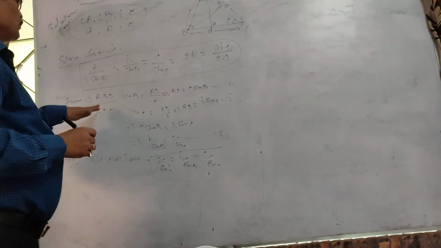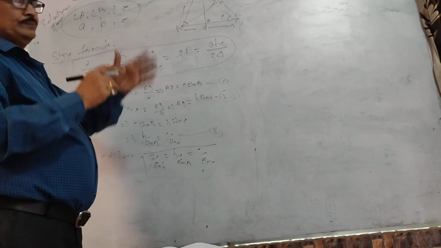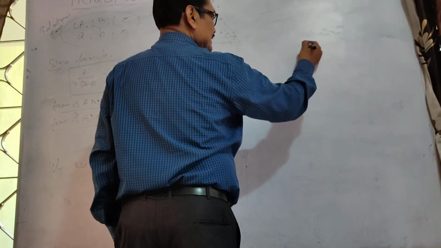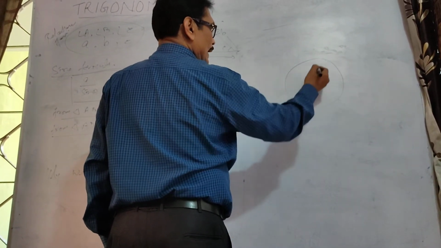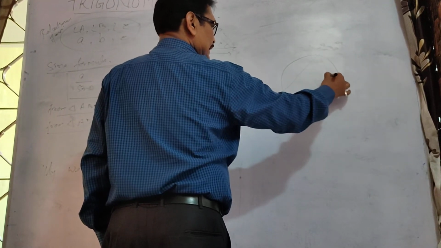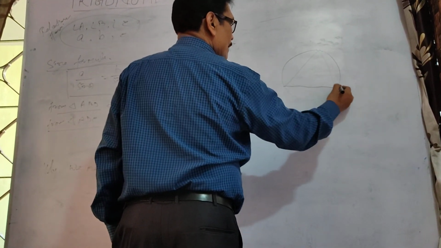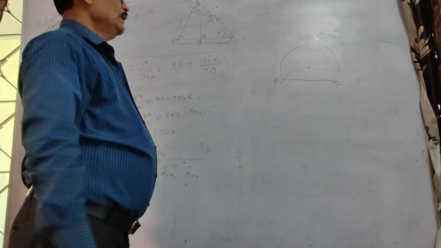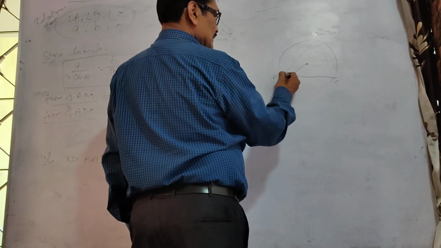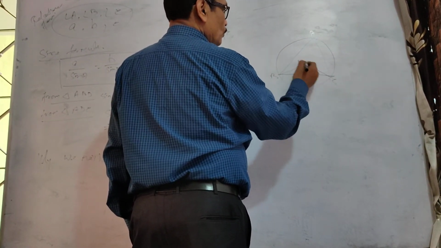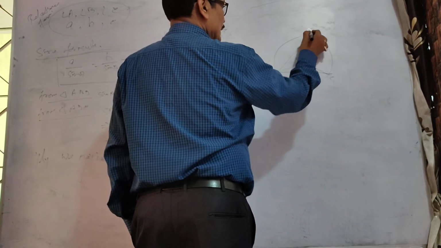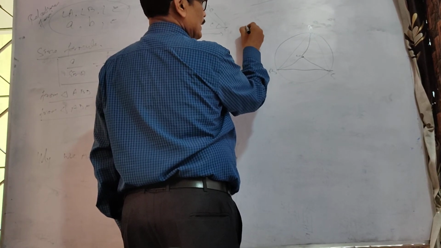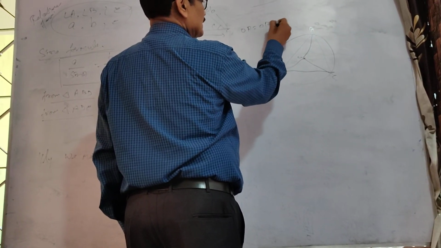Now we have to prove this result is equal to 2R. For this, there is a circle like this, and this is a triangle ABC. This is the center of the circle. Here OA equals OB equals OC.